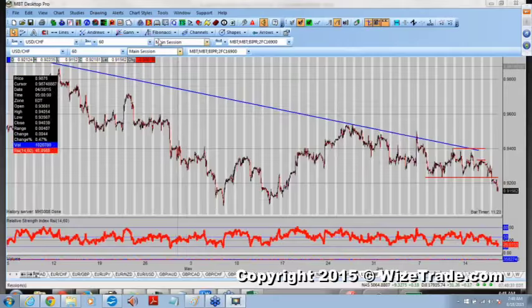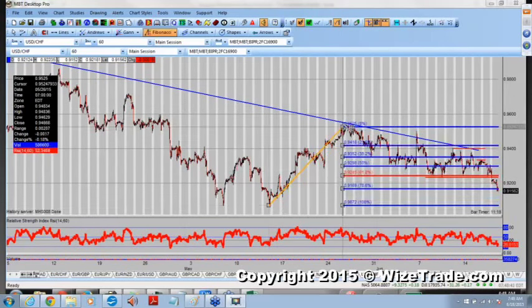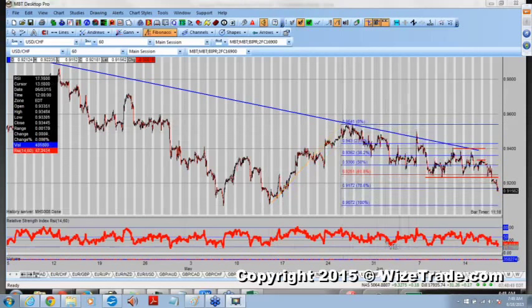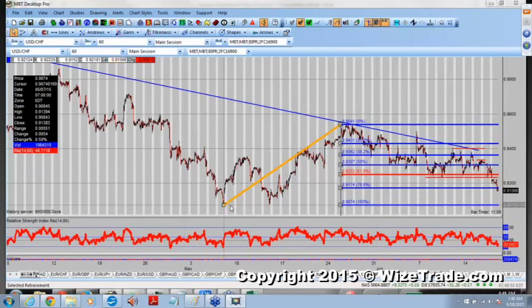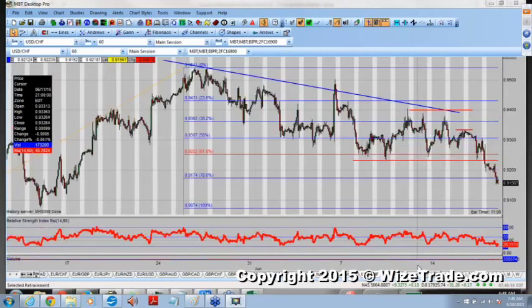You guys know I'm not particularly excited about this currency. I'm just more concerned that something out of Greece is going to erupt, and then next thing you know, you've got some ridiculous Swiss franc strength, and I just don't want to be on the other side of that in case that comes. So we took out the 786 retracement.